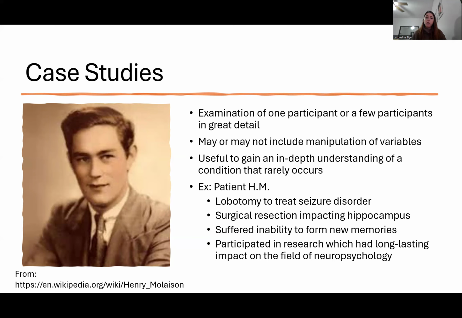And so he was studied a great deal throughout his adult life, pretty much up until his death, after his surgery, when it was discovered that he could not form new memories. And so lots of intelligence tests were administered for him. And it really helped the field in understanding the role of the hippocampus in the brain in the formation of memories.